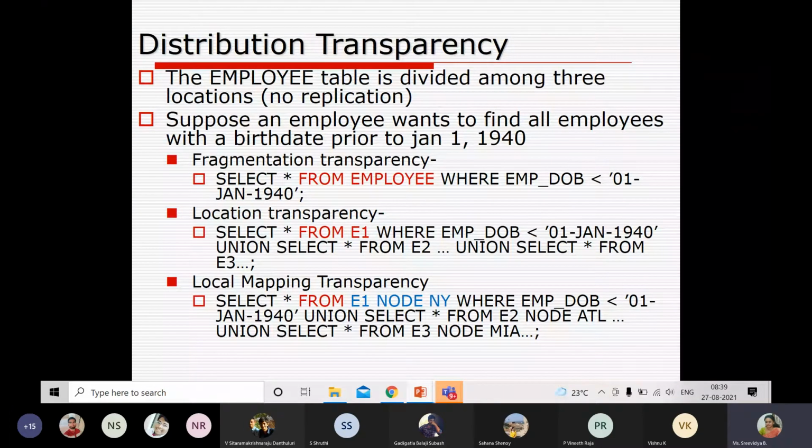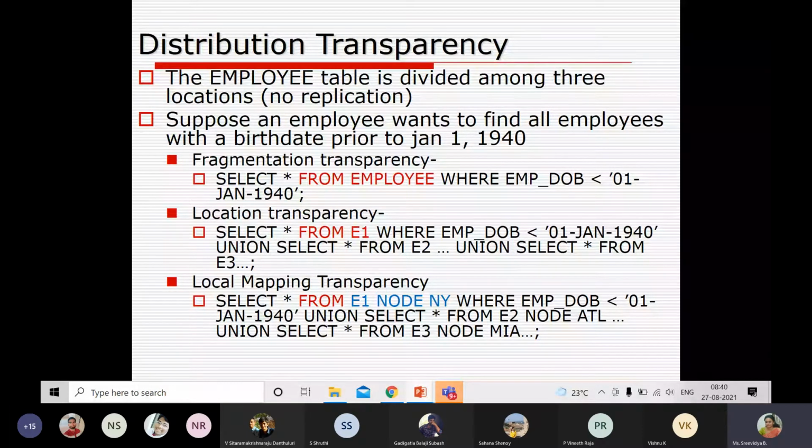Assume a scenario where I have 3 different locations, and my employee table is split into 3 separate tables, E1, E2, E3, kept in different locations. When I access data, if I specify which particular node and which particular table the data should be looked for in, then that is local mapping transparency.